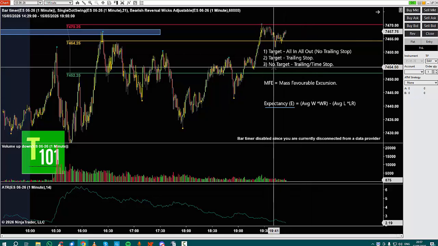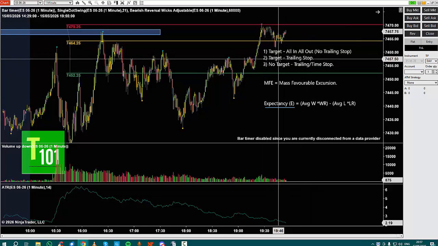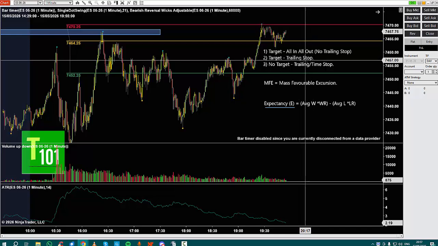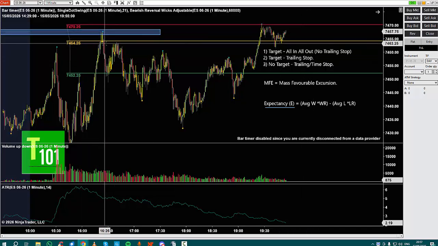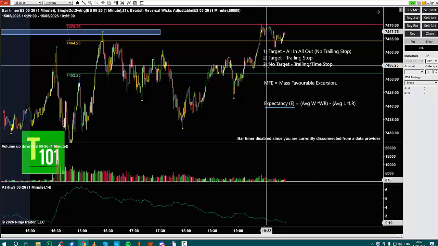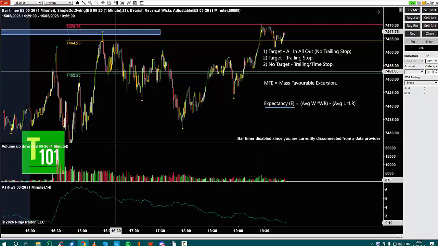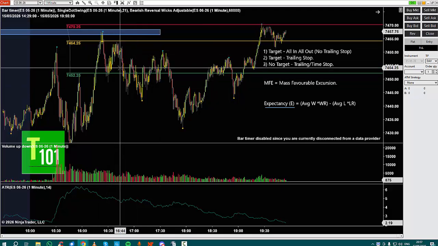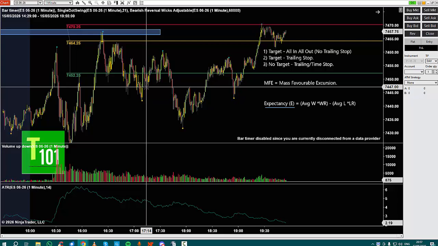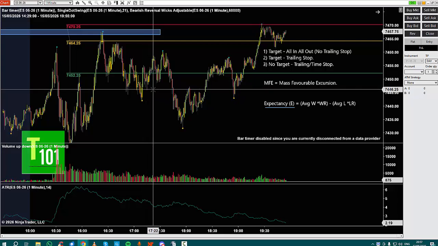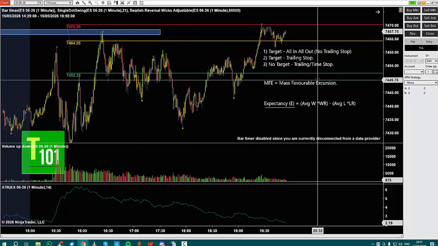You can take the same process and crunch the numbers for the target using a trailing stop. I use the break-even stop, as I said, after it goes X in favor. If I'm looking for 2X as a target, then I'll go break even at X. If I'm looking at 4X as a target, then I'm going to go break even at 2X, and so on and so forth.